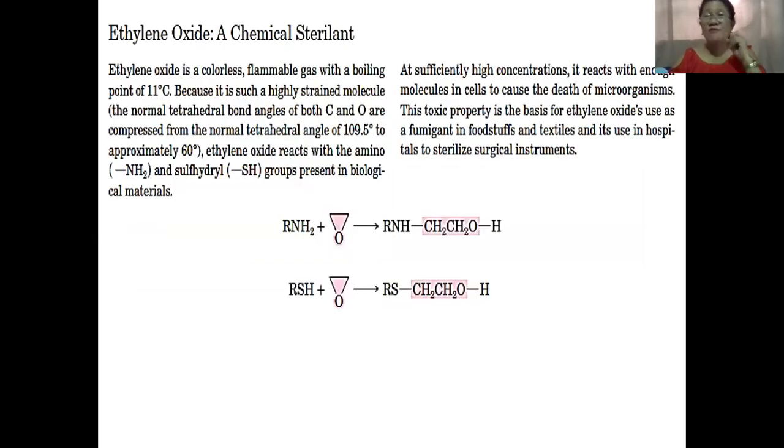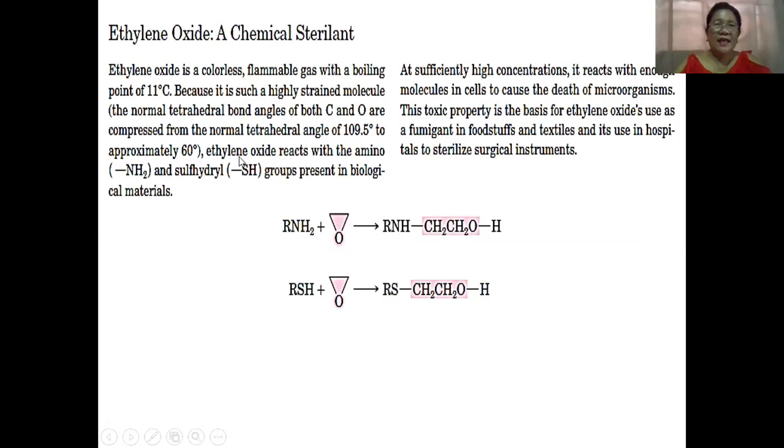Let's have one of the uses of ether, okay, for you to know what are ethers. Last time, we have sa to katong sa alcohol, the breather. Okay, the alcohol breather. Kani pod is chemical sterilant. What do you mean by chemical sterilant? Mga sterilizer. Okay, so ethylene oxide is colorless, flammable gas with boiling point of 11 degrees centigrade. Okay, so this one here, that is an ethylene oxide.